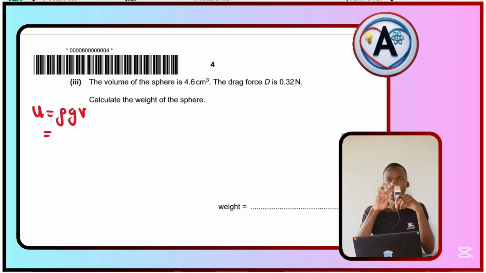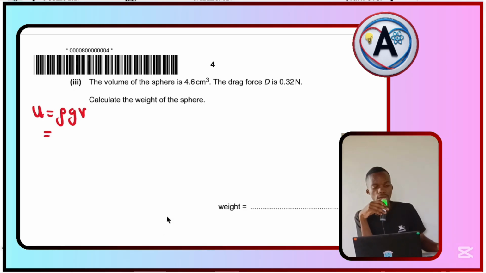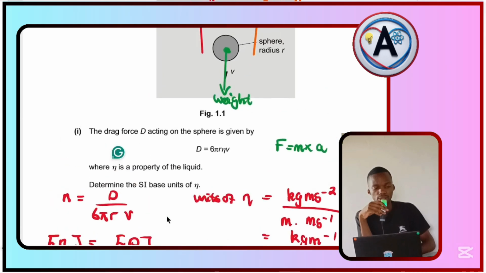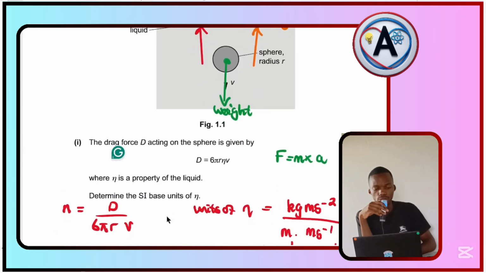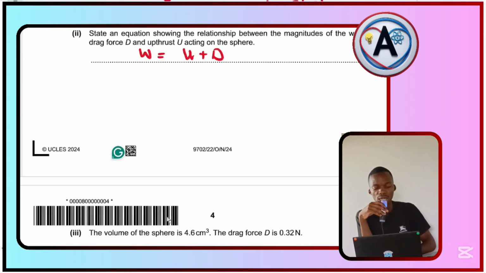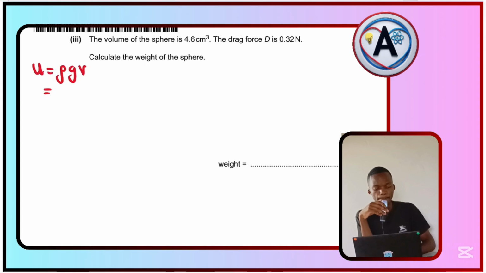Right? So the rho is not the density of the material itself, but rather the rho is the density of the fluid itself in which all of this is happening. So I know that my rho in this particular case, if I look at my scenario over here, my density is 830. So I'm basically going to say 830 multiplied by g, that's 9.81.